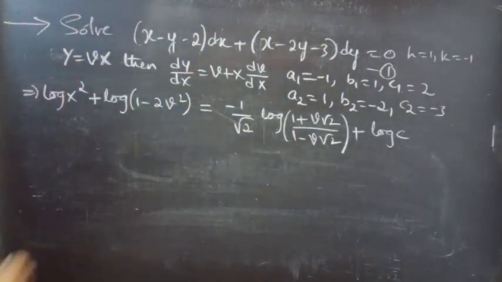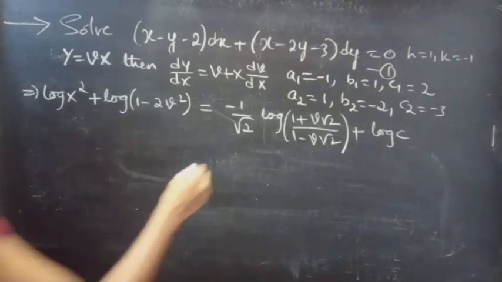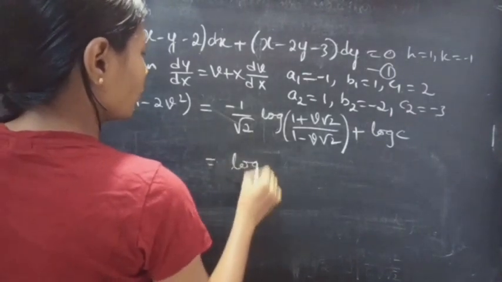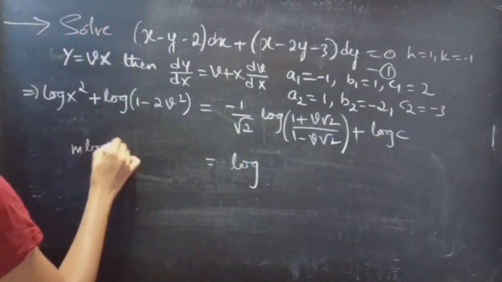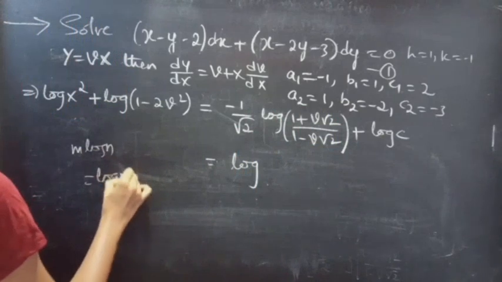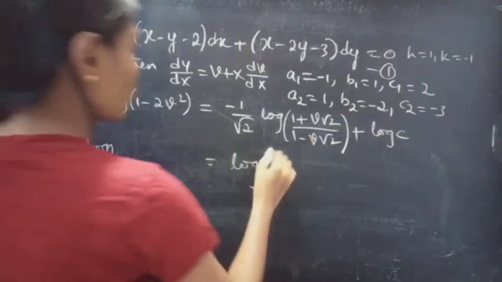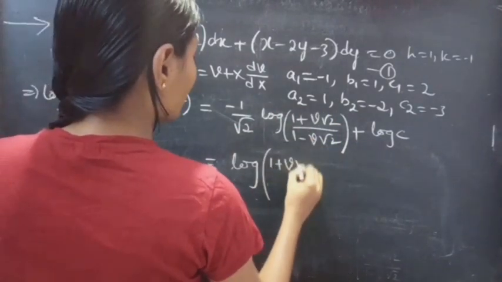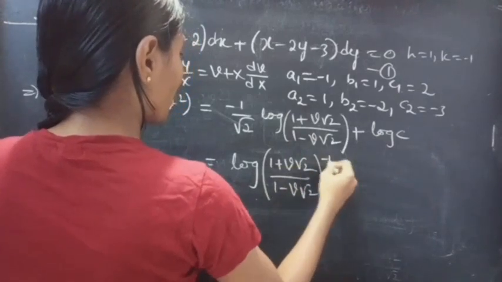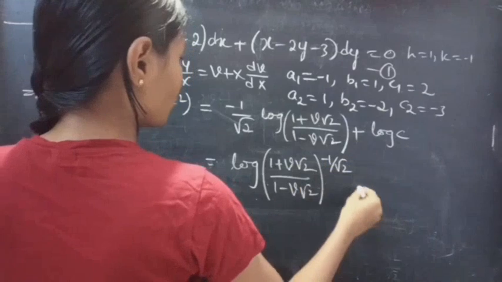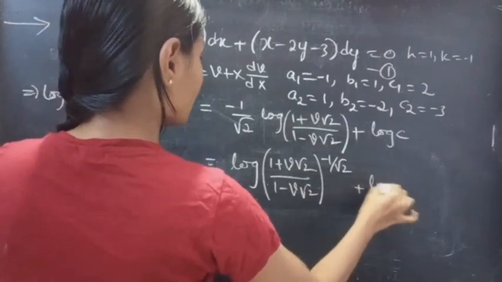Fine. This equals to, you can write this as, since m log n equals to log n power m, then you can write this as log 1 plus v root 2 by 1 minus v root 2 power minus 1 by square root of 2 plus log c as it is.